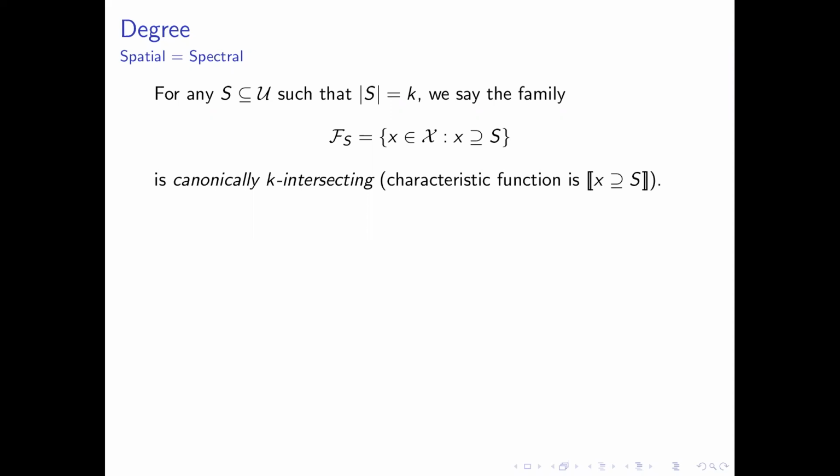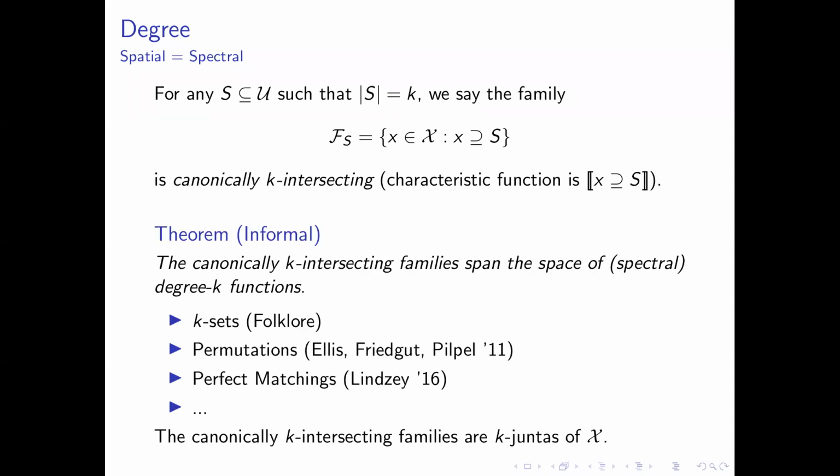These things are called canonically k-intersecting. One of the cool things that comes up when you're trying to prove Erdős–Ko–Rado results is that these canonically k-intersecting families span the space of the spectral degree k functions.